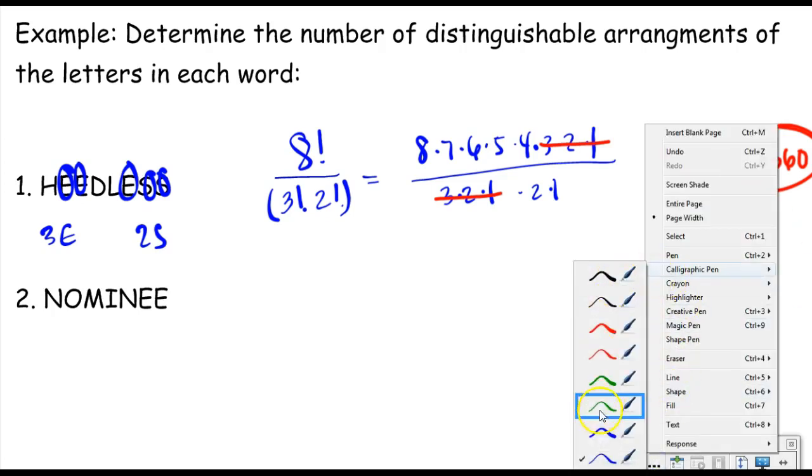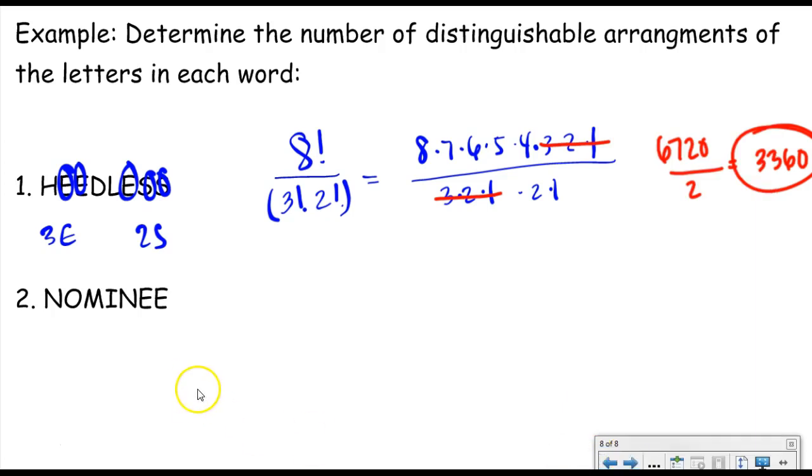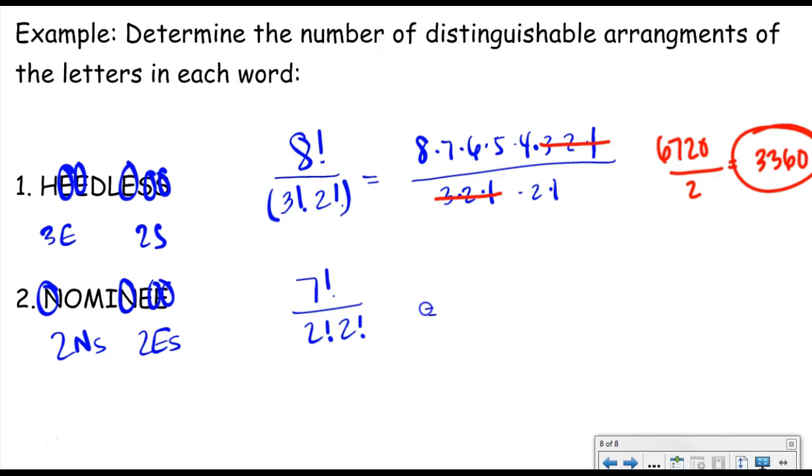Now for the next word, I'm going to go about and do the same process. So go ahead and pause the video so you can get some practice working on these without me going through it first, and then you can check your work. So now I count 1, 2, 3, 4, 5, 6, 7, factorial on top, and on bottom I have 2 N's and 2 E's. So I do 2 factorial and 2 factorial.